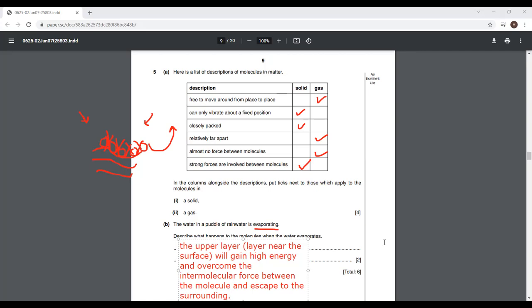That's all for this question. With the 2 marks, we scored more than the 2 marks. Thank you.